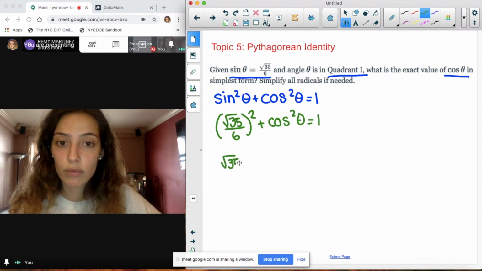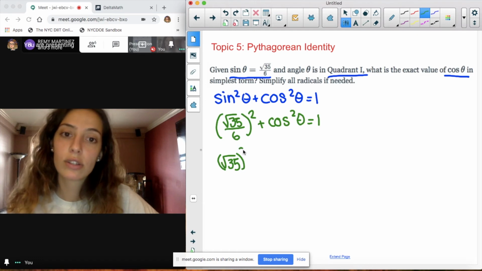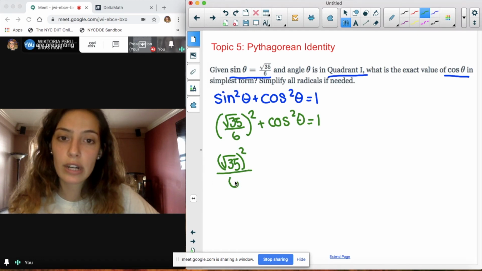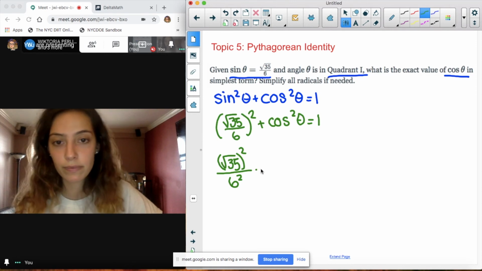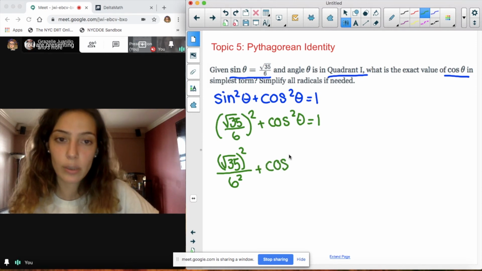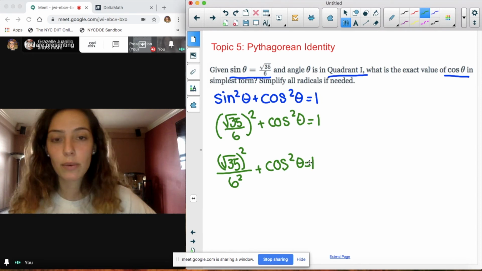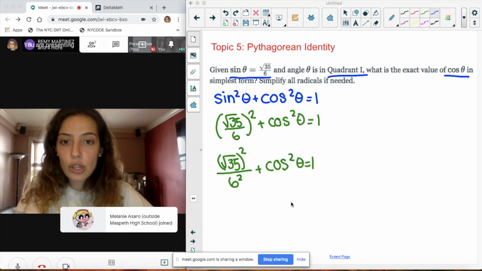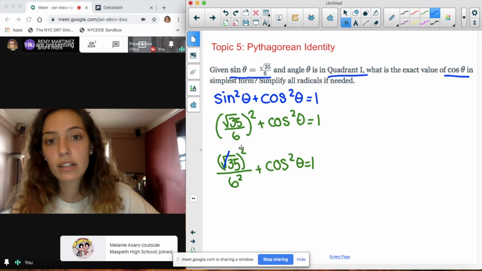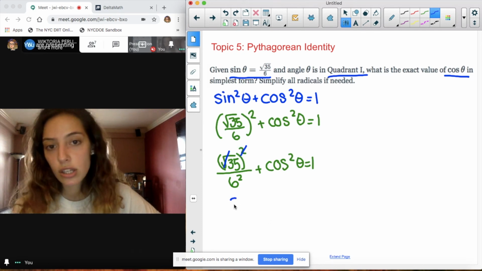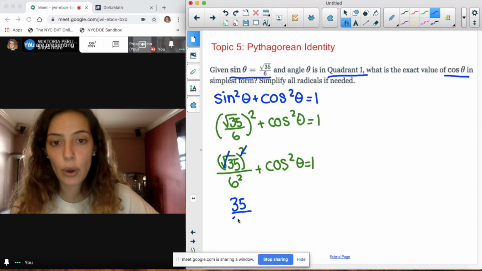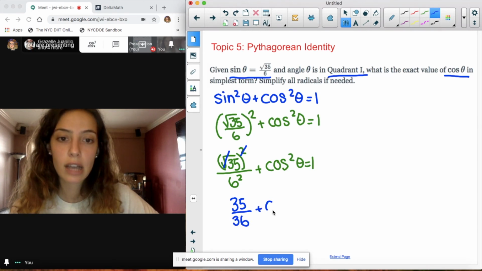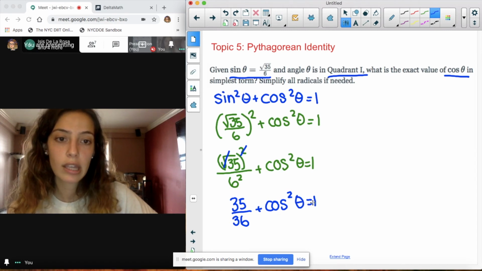So it's radical 35 squared over 6 squared plus cosine squared theta equals 1. So when we simplify this, the radical and the squared cancel out. So we're left with 35 over 36 plus cosine squared theta equals 1.